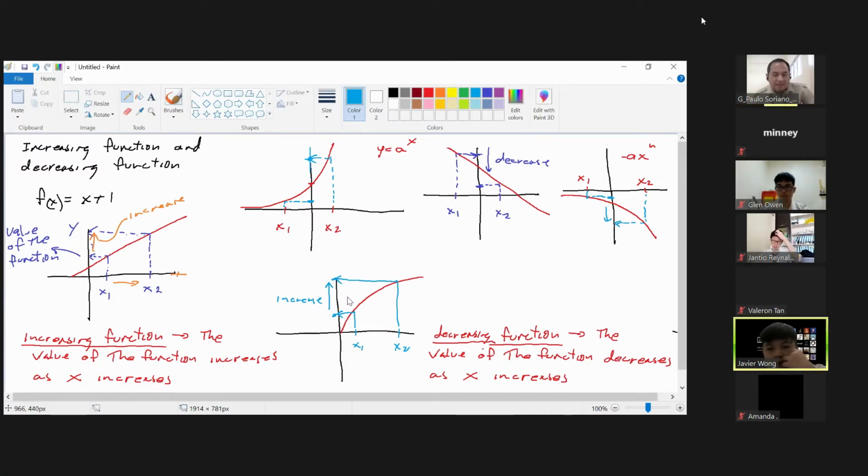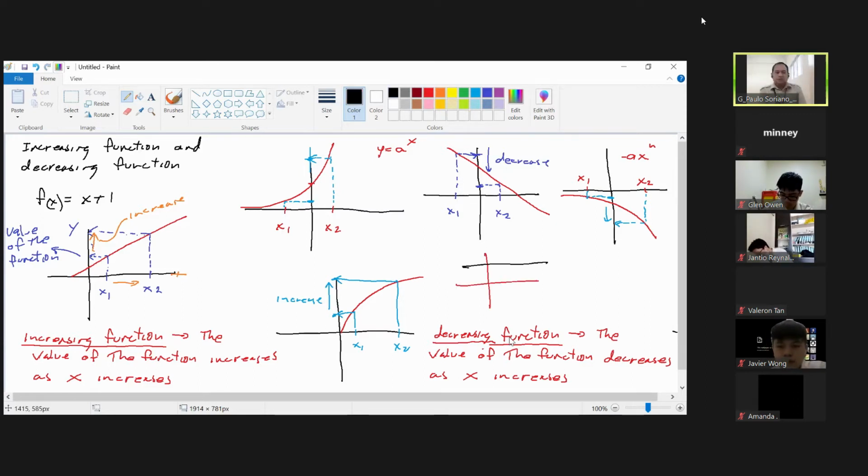So it does not matter whether the rate will slow down, teacher. Doesn't matter. As long as it will increase. Even if the increase is very small already, as long as it is not flat, it is still increasing. If it is a flat line, there's no change, right? So we cannot say that it is increasing or decreasing. It's constant. Okay? Clear?